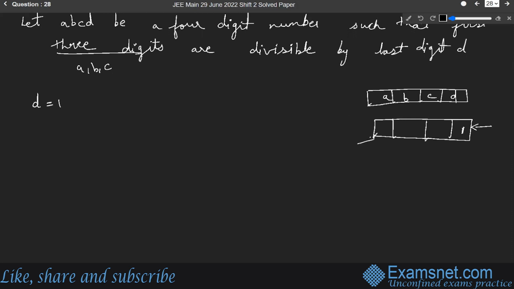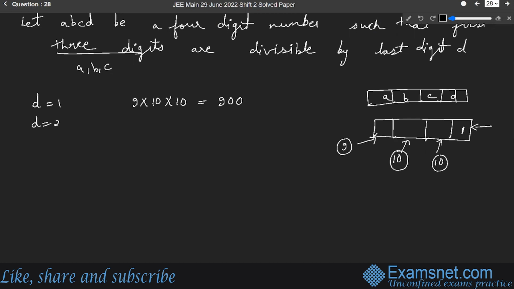So for A, the total number of ways is 9. From 1 to 9, there are 9 numbers and all of them are divisible by 1. For B, there will be one more number, and the extra number is 0, so for B the number of choices will be 10. For C also, there will be the extra number 0, so it will be 10. So when D is equal to 1, the number of such numbers will be 9 into 10 into 10, which is 900.